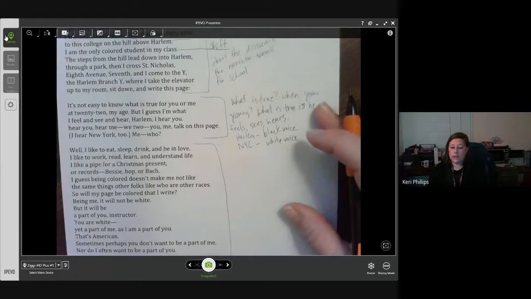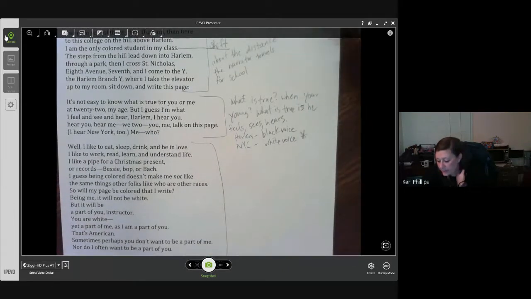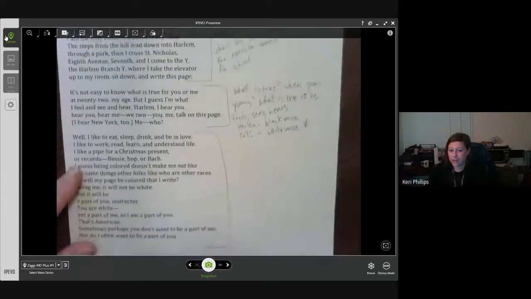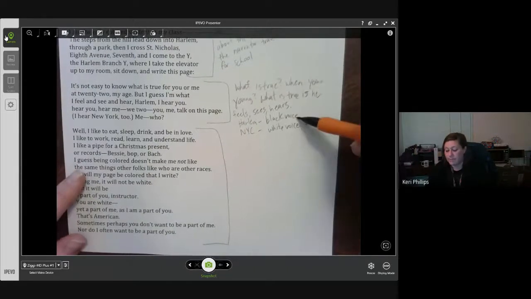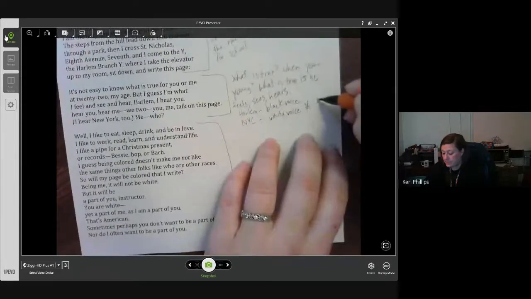So here's a contrast that's happened here. I don't know that we've had any major contrasts yet, not until here. And so that might signal that we have a shift coming. That's a contrast. I'm going to write contrast.